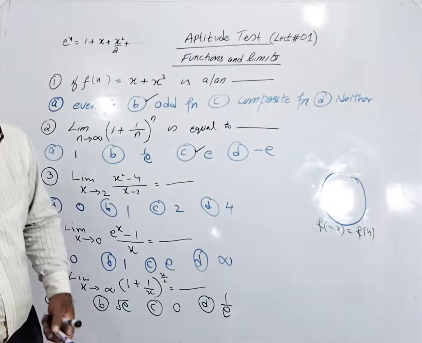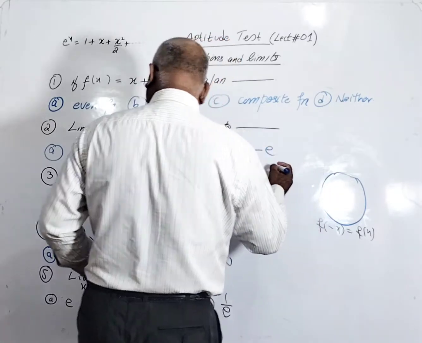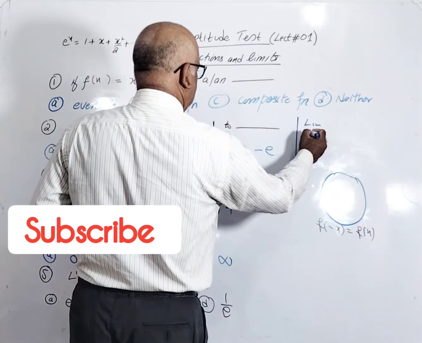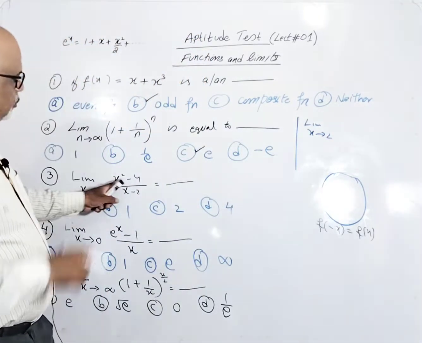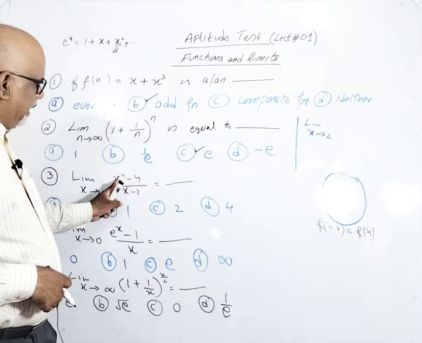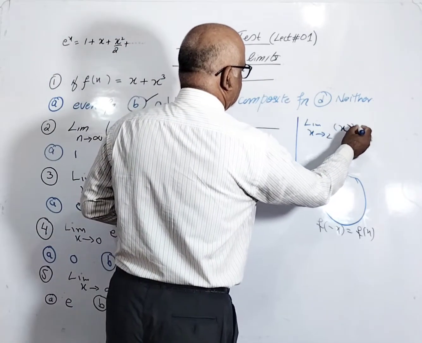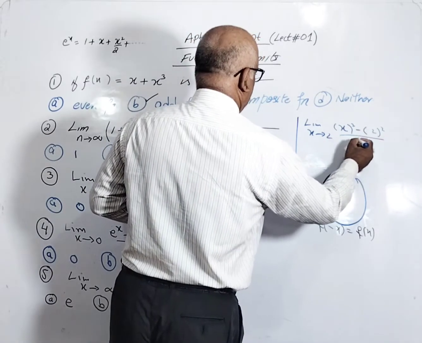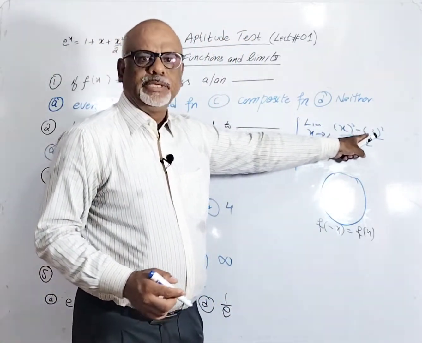So here, limit x tends to 2. Now this x square minus 4 is a square minus b square. We can arrange the formula: a square minus b square is equal to a minus b times a plus b.